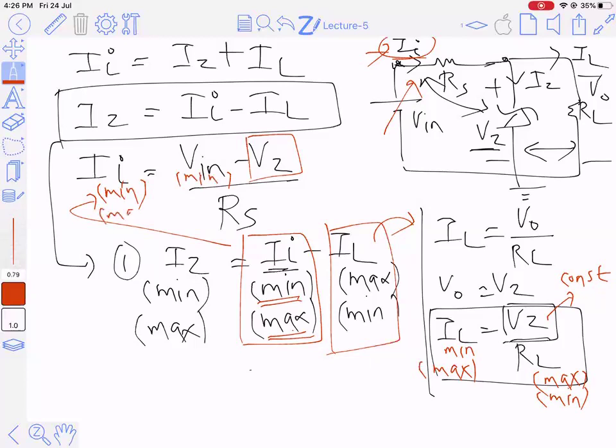When II is maximum, Vn will also be maximum. I hope this is clear. So this entire analysis revolves around minimum and maximum. The voltage across the Zener is remaining constant.